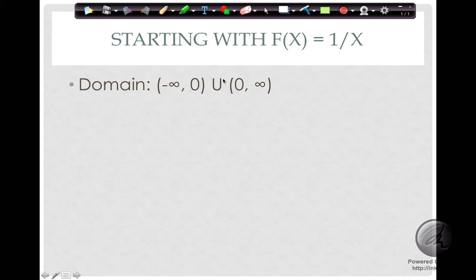And we're going to start off saying that the domain is everything except for 0. That's what this represents, negative infinity to 0 and 0 to infinity. Because this is 1 over x, 0 is the only thing that makes the denominator 0.